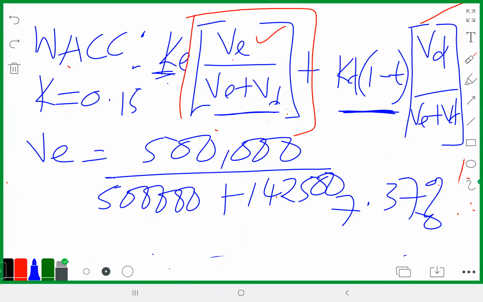You said that's the market value. So what do we find as this is now the market weight of the value of equity? What do you get?